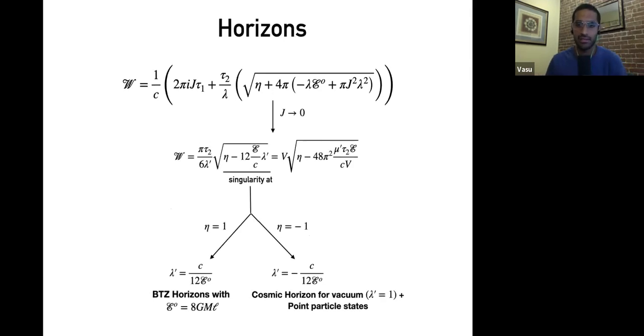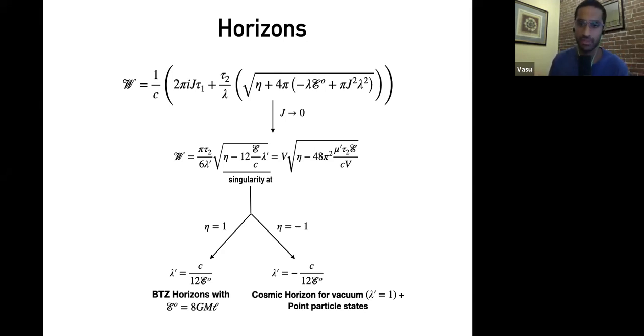And the square root is exactly the one that you would have in the energy formula. And this brings us back to Professor Trivedi's question about what happens when we hit the zero of the square root. So again, we'll focus on states with zero angular momentum. And eta has two signs corresponding to the AdS and dS case.